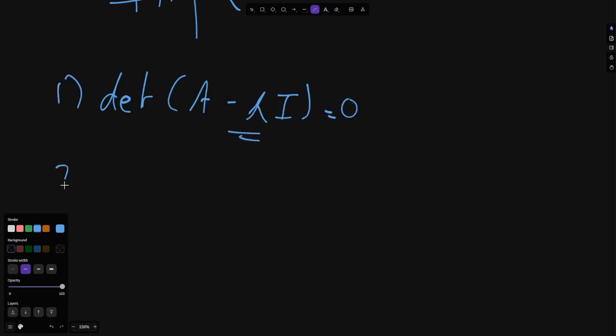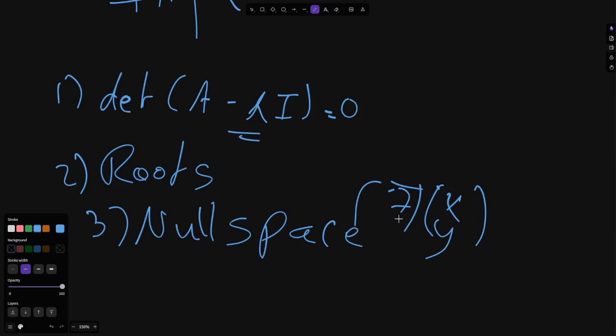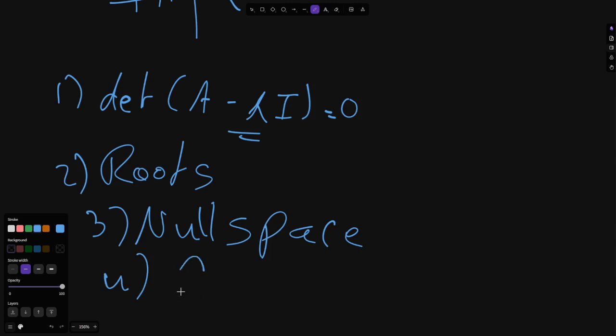After the roots, we find the null space, meaning we find each eigenvector itself from the equation A minus lambda I times x equals 0. The last thing is to normalize, which is sometimes optional, in applications like quantum mechanics and PCA. We usually scale the vector to have a length of 1.